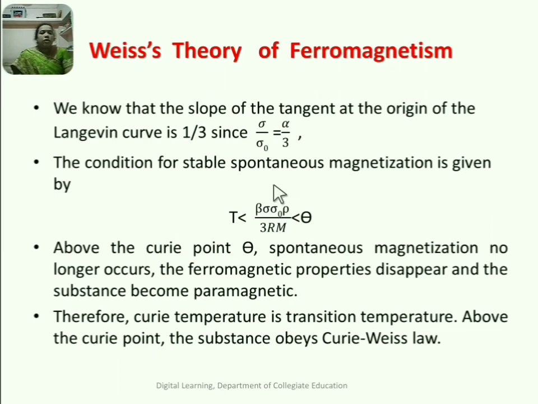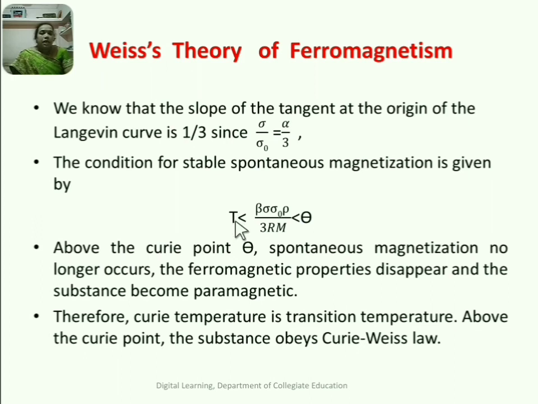Hence, the condition for stable spontaneous magnetization is given by mu beta sigma naught rho divided by RTM, that value is equal to 1 by 3. In that last expression, the whole value is replaced by 1 by 3. So sigma by sigma naught is equal to alpha by 3, and this value is equal to T.